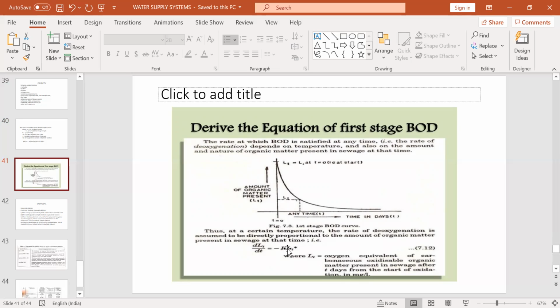To remove the proportionality sign, you have to introduce one constant K. So dL by dt is minus K LT. Why is it minus? Because it is decaying, the BOD is falling down with time. From this derivation, they have found that formula, the first stage BOD when the decay starts.